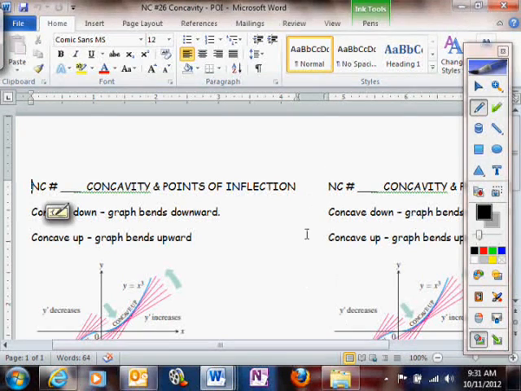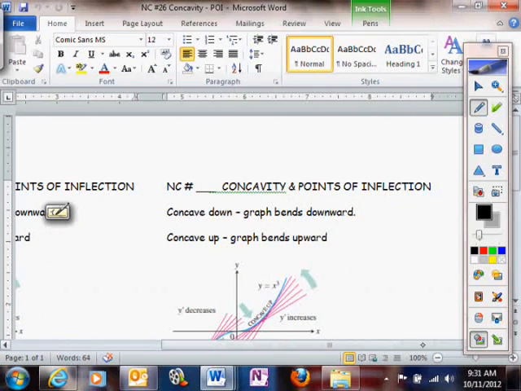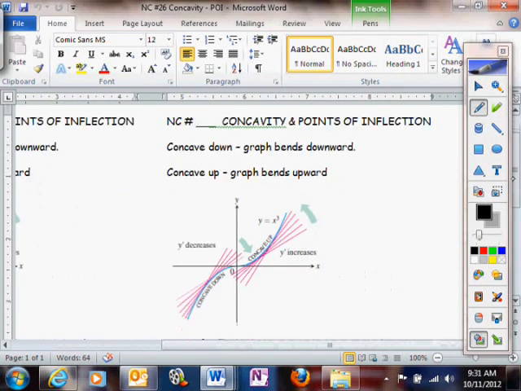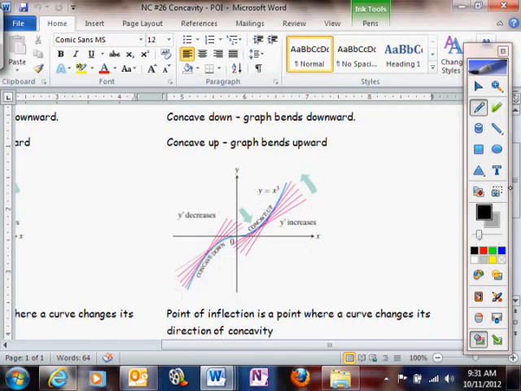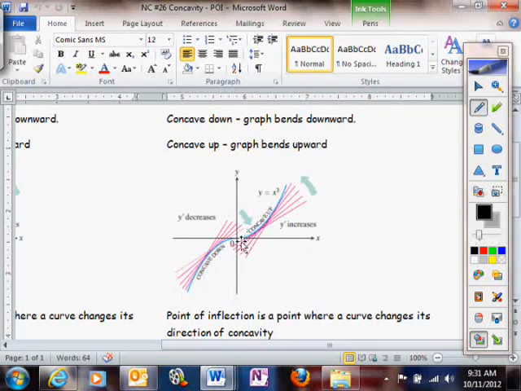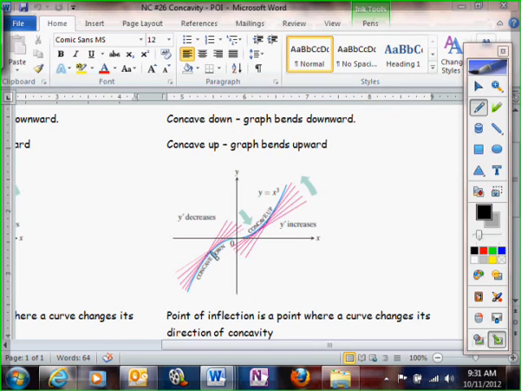And finally, let's look at note card 26, concavity and inflection points, or points of inflection. What we have here, all of these lines, these are tangent lines, which means basically that they cross this function at a specific point here, but they never will go through the actual curve.